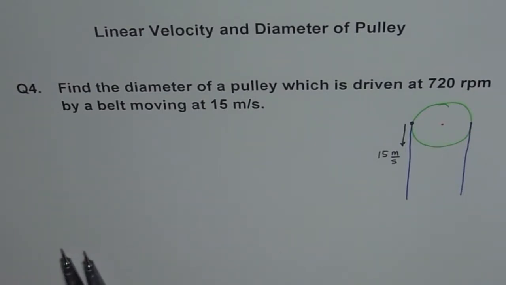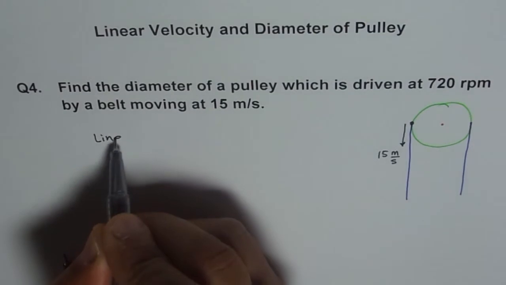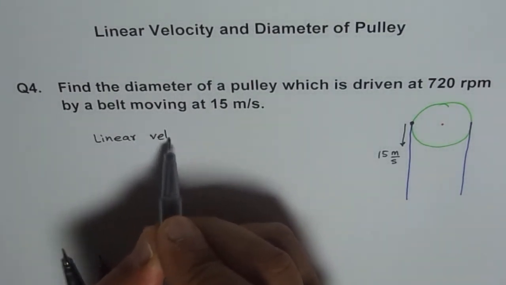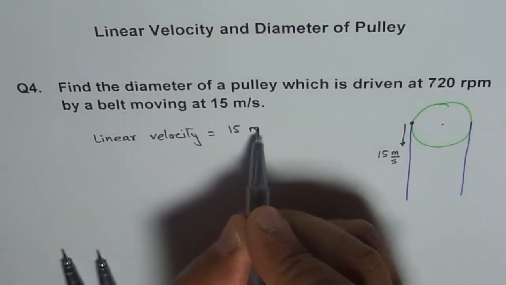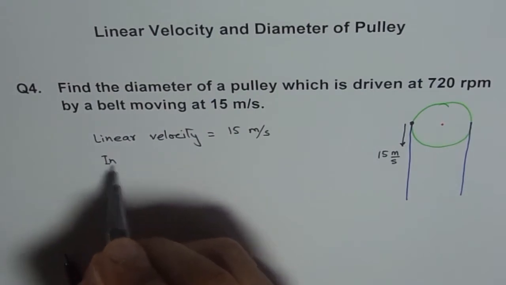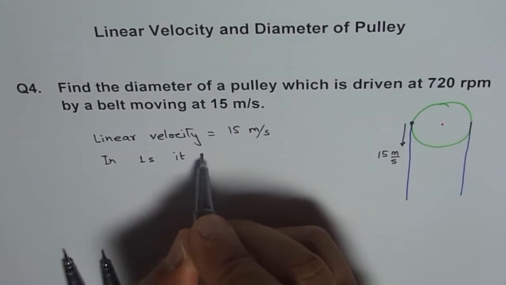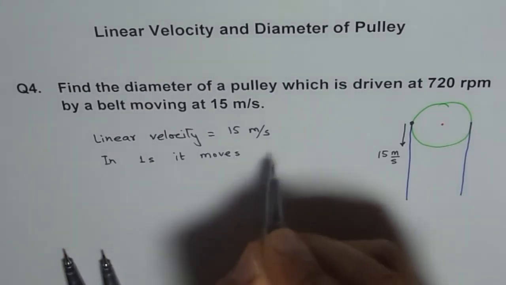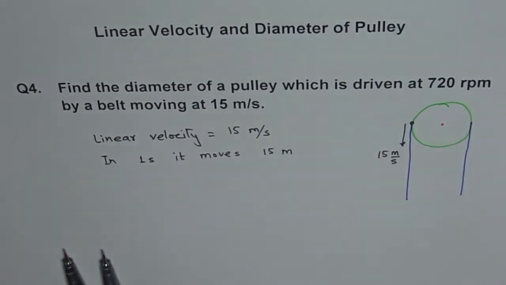When we say linear velocity here is 15 meters per second, understand it like this: in 1 second, it moves 15 meters. Does it make sense?